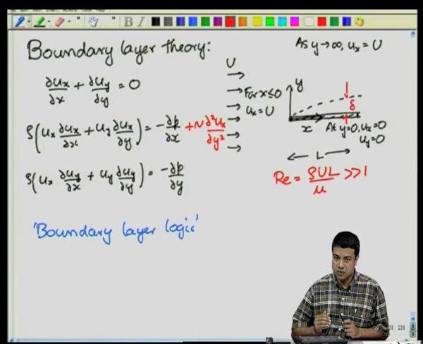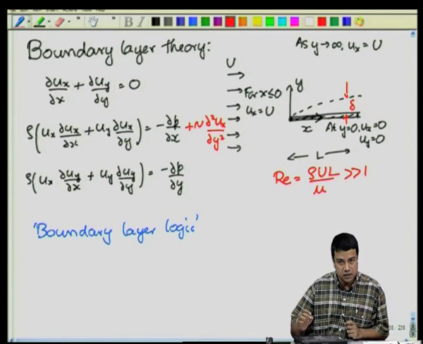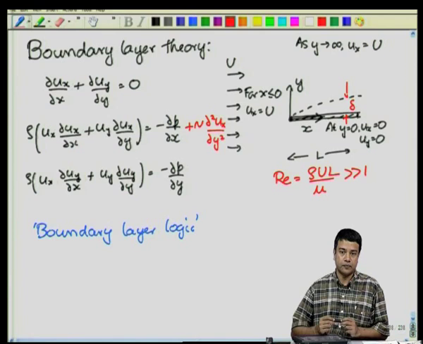When the length is small, the gradient in that direction is large, because the velocity is varying over a smaller length. So, the derivative is large. Therefore, I could have a situation where the viscous term is comparable to the inertial term even though the Reynolds number is large, provided the length scale over which this velocity varies is small.